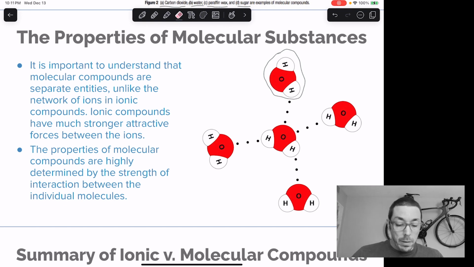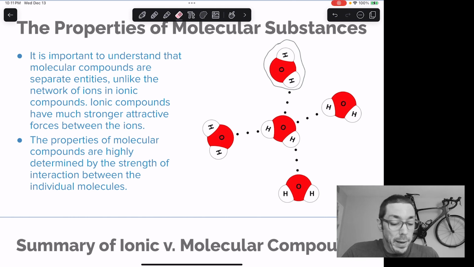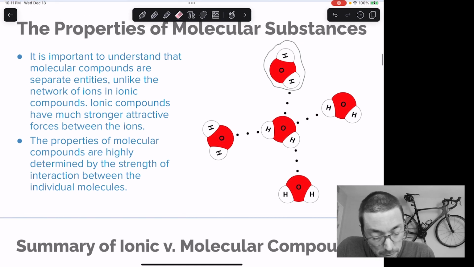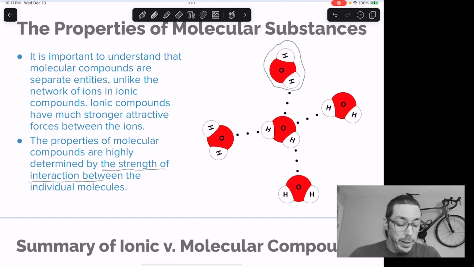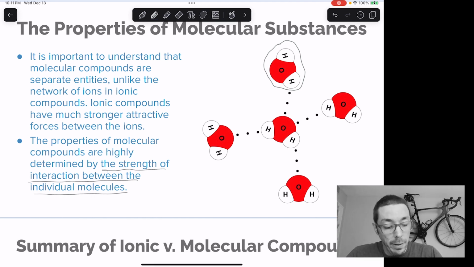So the big thing that can explain a lot of the properties of molecular substances is the strength of the interactions between the individual molecules. So we've got some dots here showing that, yes, water molecules do interact with other water molecules. And every single molecular compound interacts with all of its different molecules.